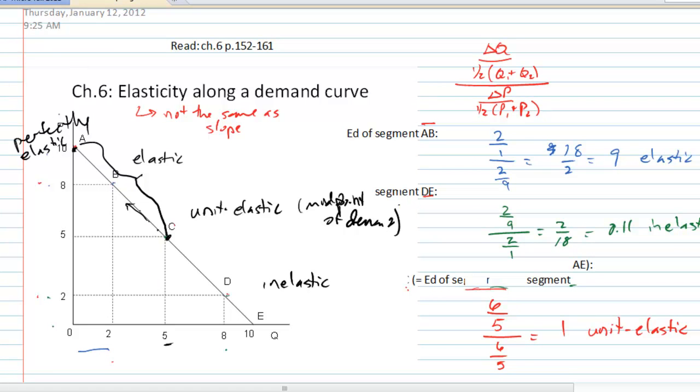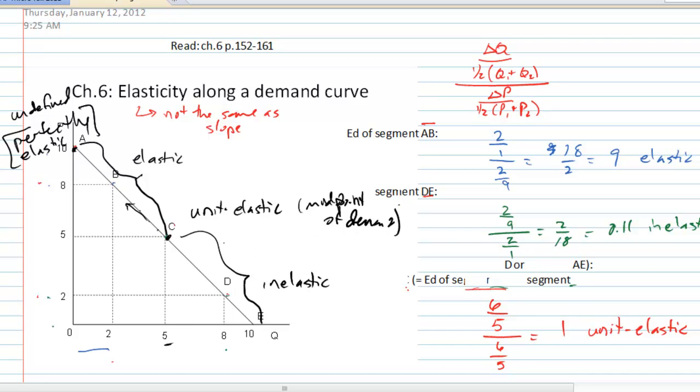The measurement of elasticity there is undefined, is the important thing. Undefined elasticity, but it's called perfectly elastic. Okay, then everything below the unit elastic point, everything below the midpoint of the demand curve, is inelastic.